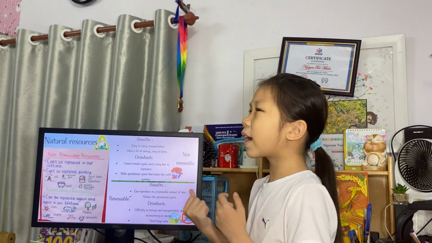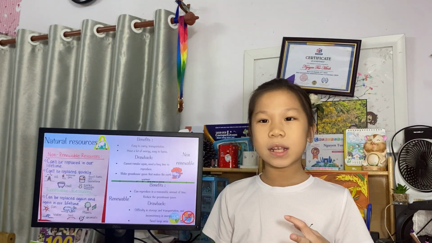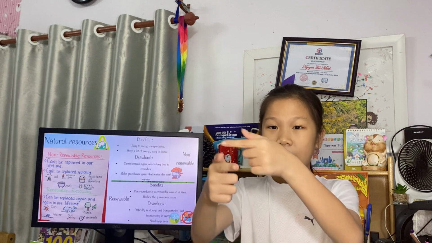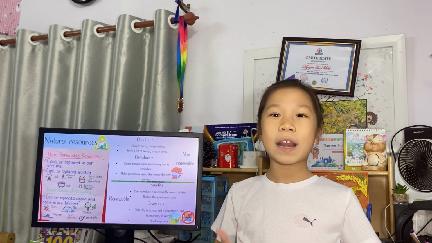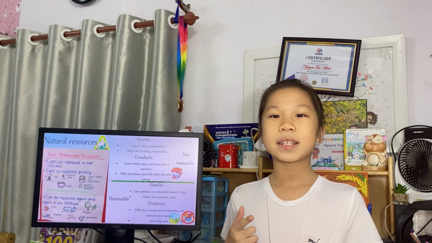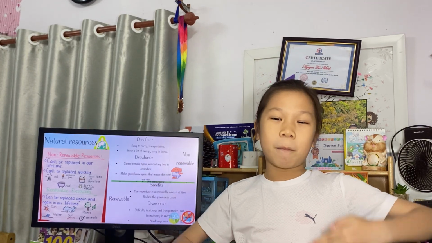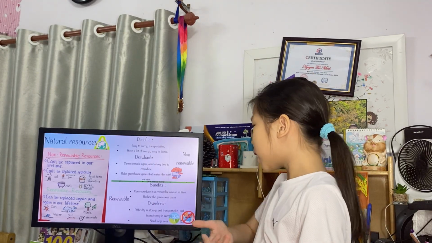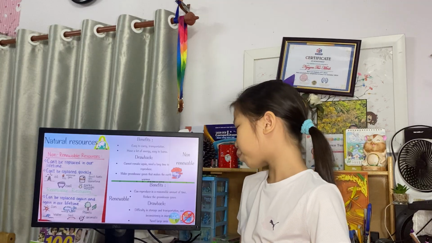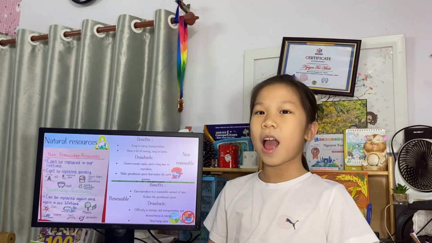We also cannot make a dam inside cities. The dams need a river or a large space for moving the water up and down. So those are some drawbacks. So that was our topic today.